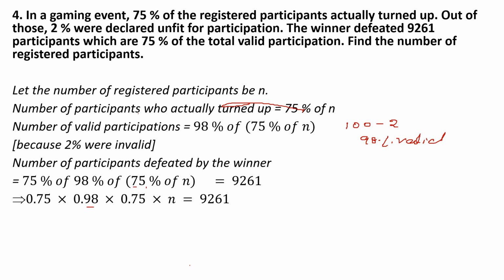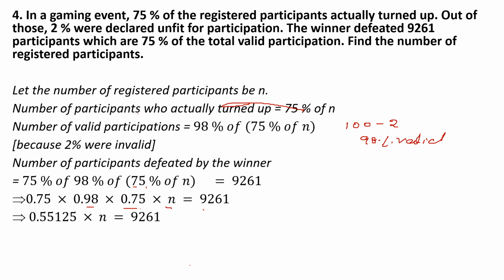Again 75% means 0.75 into n, which is equal to 9,261. Now multiply everything: 0.75 into 0.98 into 0.75 equals 0.55125 into n equal to 9,261.